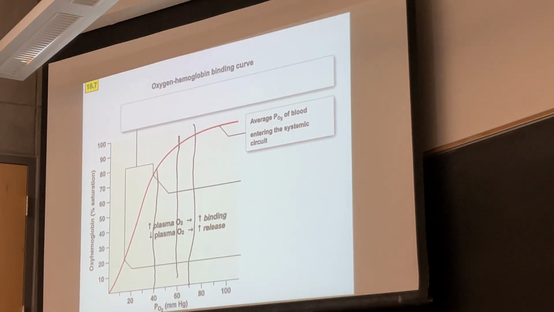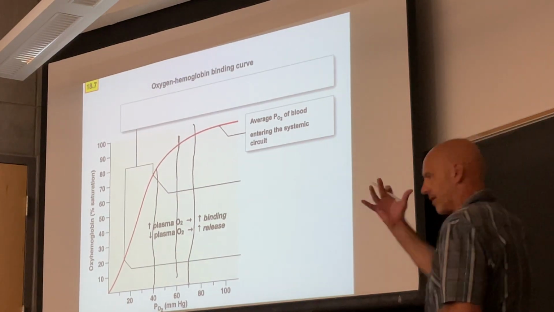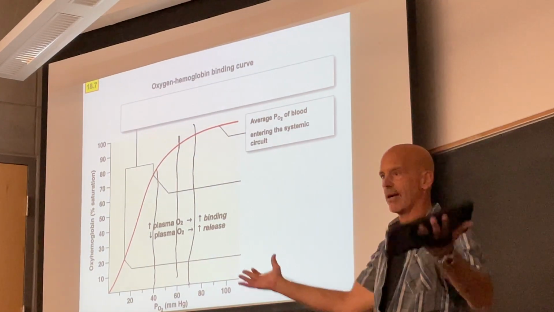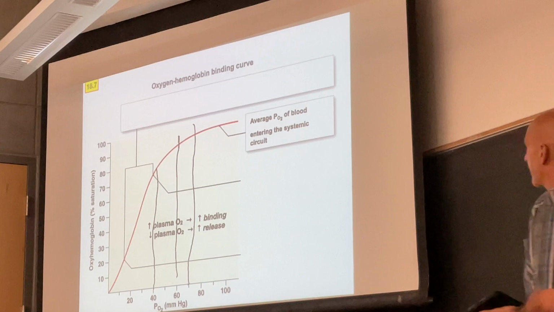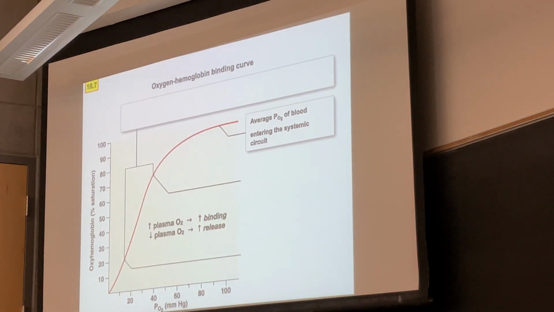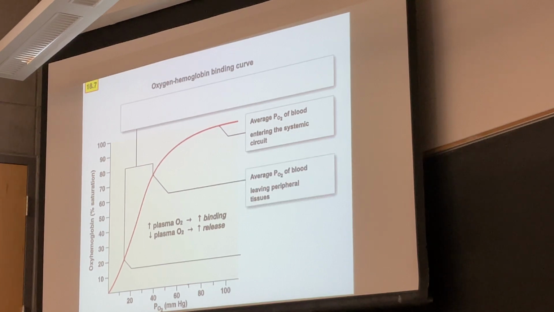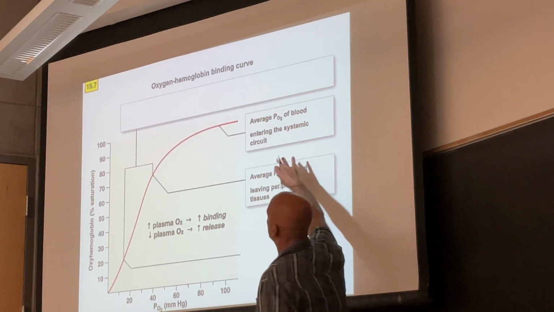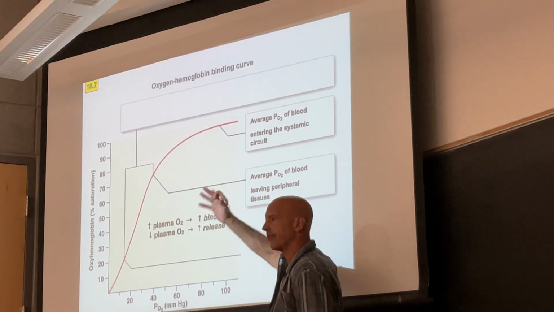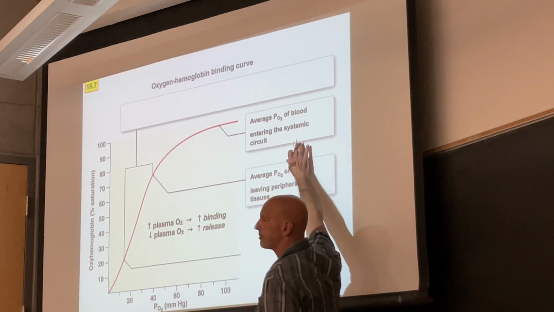Does this make sense so far? You have a high oxygen level, and the hemoglobin wants to take it in. It indicates that the cells aren't using the oxygen, there's just a lot of it around. The hemoglobin wants to pick it up. This maximum part would be after it's picked up from the alveolus, leaves to the pulmonary veins, back to the heart, and it's pumped out into the circuit.